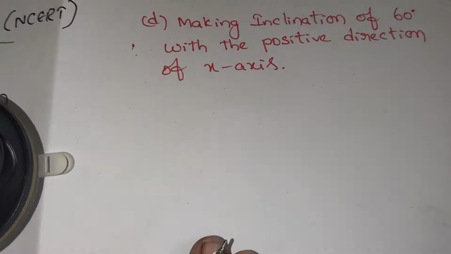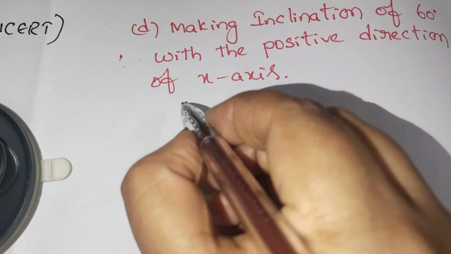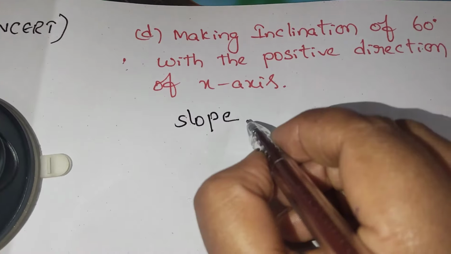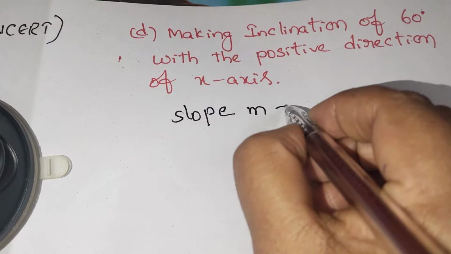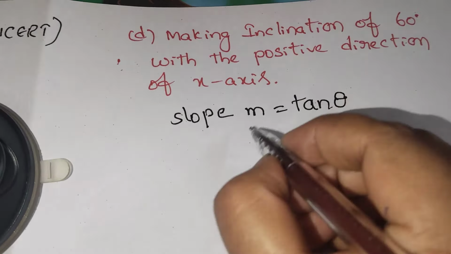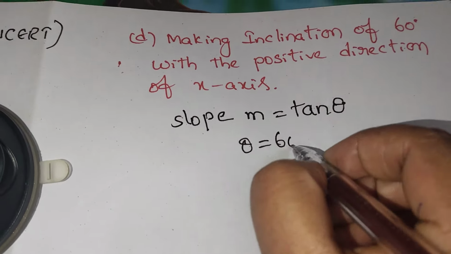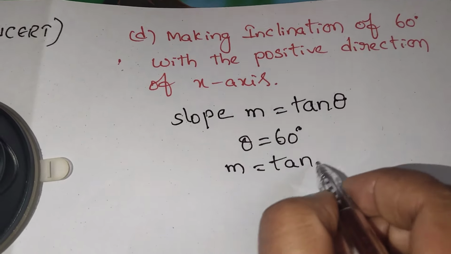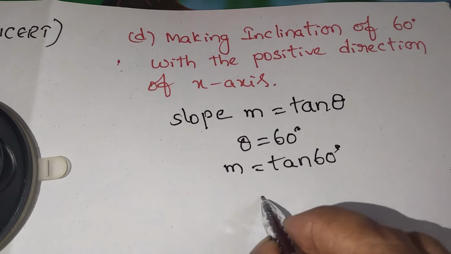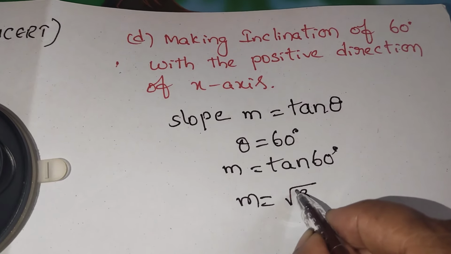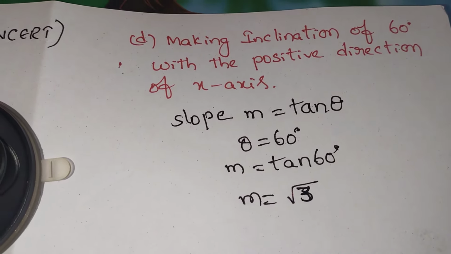Let's write the formula here: slope m equals tan theta. This theta is 60 degrees. Then the slope of that line is tan 60 degrees. How much is tan 60? Root 3. So the answer is root 3.